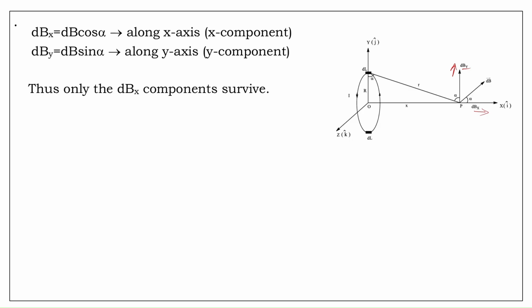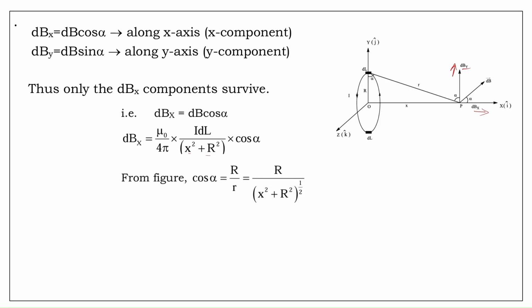Thus, only the dBx components survive. That is, dBx is equal to dB cos alpha. dBx is equal to mu naught by 4 pi into I dl by x square plus r square into cos alpha.